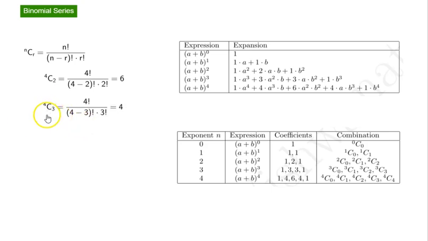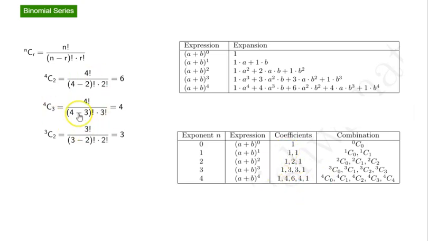Similarly, 4C3 gives us the coefficient in (a+b) to the power of 4, and in that we get the 0, 1, 2, 3 term. That is 4. Similarly, 3C2 gives us 3, which is actually 3.